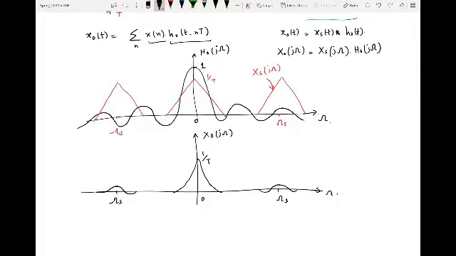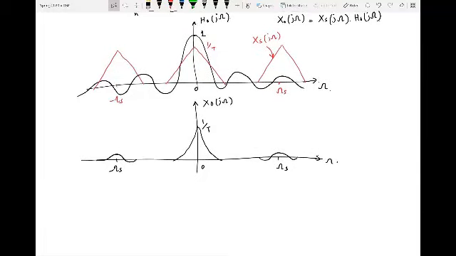The advantage is that after passing through zero order hold, all those copies which are located at plus minus omega s, and of course they are unwanted copies, are automatically suppressed by the use of zero order hold circuit, number one. And the disadvantage is that the actual copy that we want to retrieve in the reconstruction process after passing through low pass filter is actually distorted by the main lobe of the sinc.